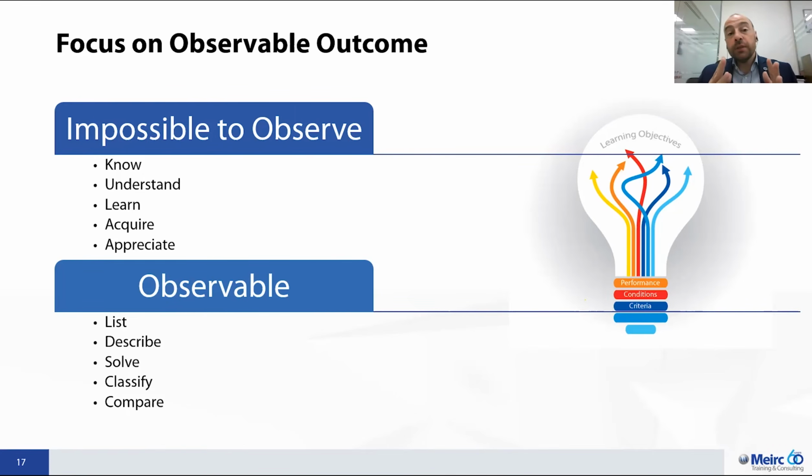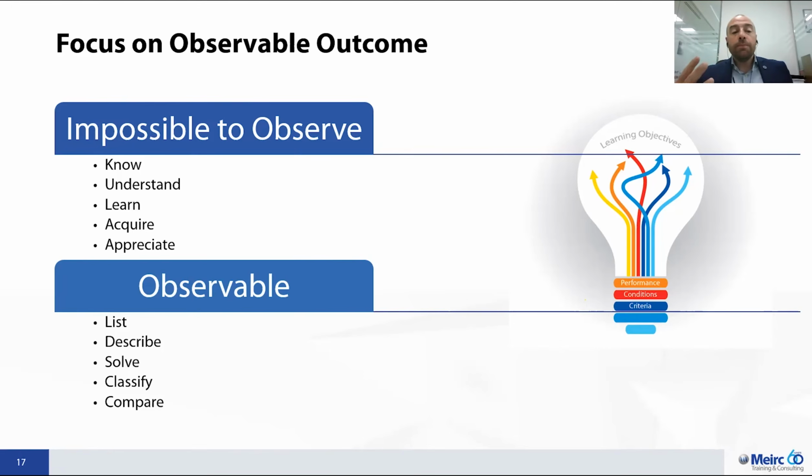And that's why those verbs in the instructional goals need to be replaced with actionable, observable verbs that show in the learning objectives or in the instructional goals and will allow an external auditor, a training assessor, to observe whether this training or this learning was successful or not.